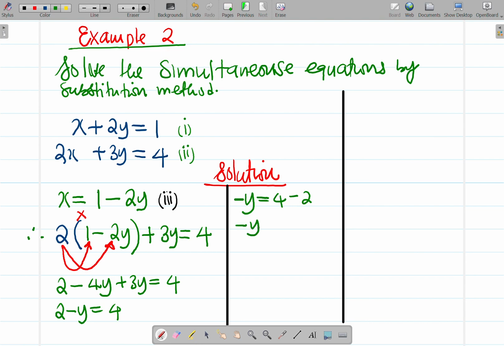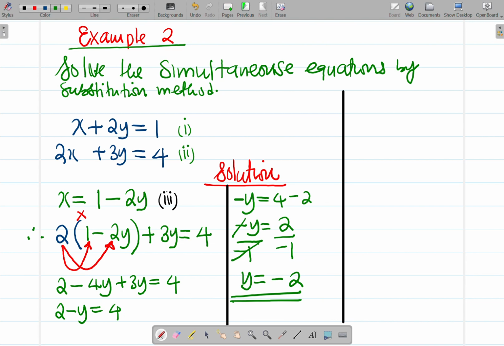So negative y is now going to give us 2. So divide both sides by negative 1. So y is now going to give me negative 2 there. That is my value for y. Y is negative 2.